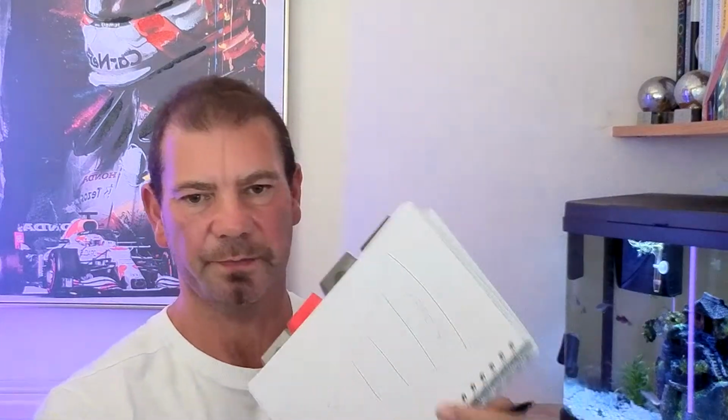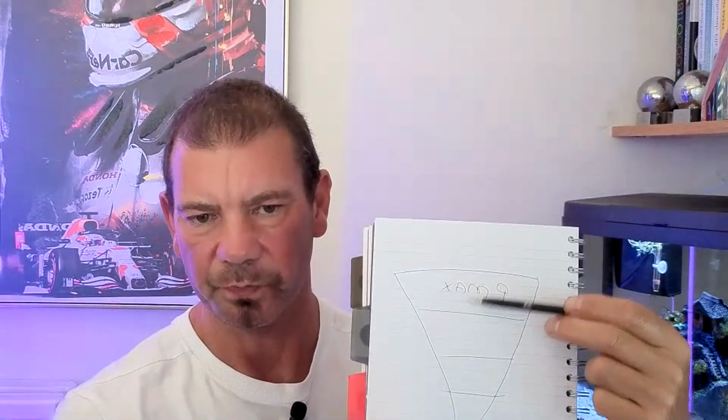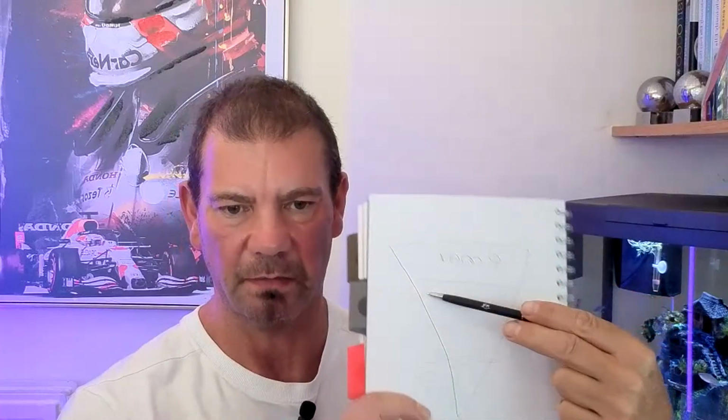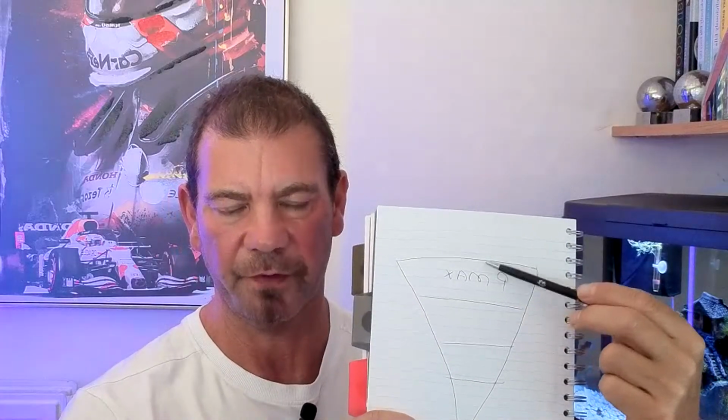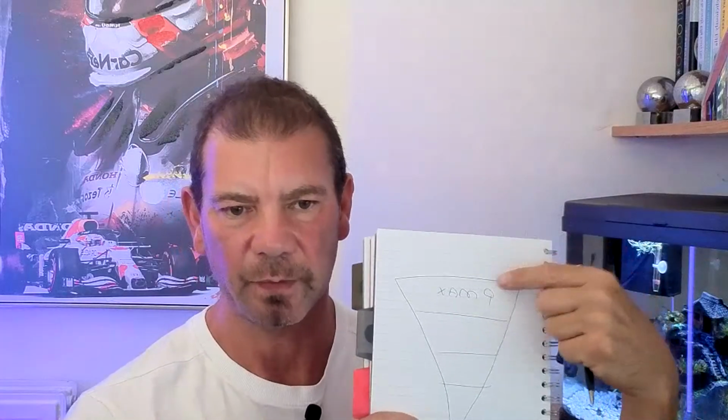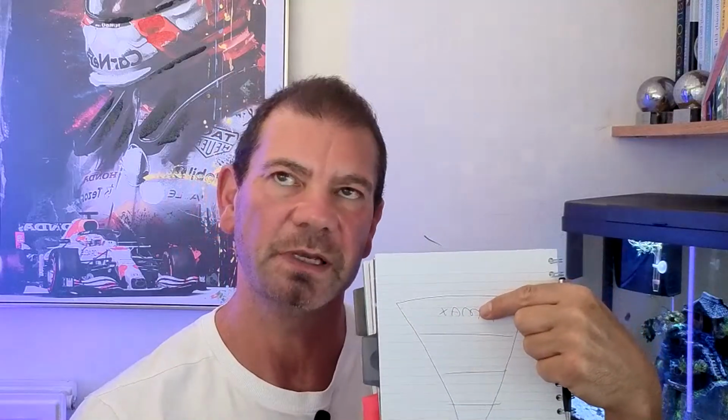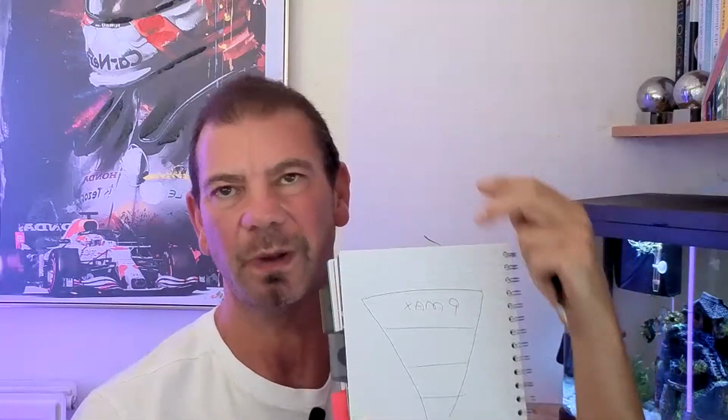So what it is, a funnel. At the top is the Performance Max campaign. Because it's at the top of the funnel, it will act as a broad, almost like a reach campaign where it will try to reach as many people as possible.